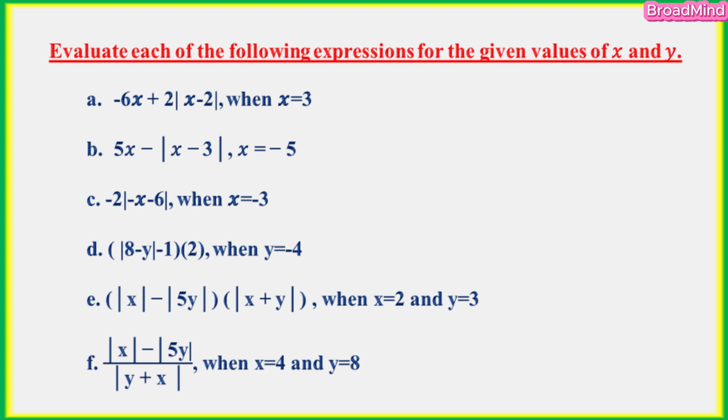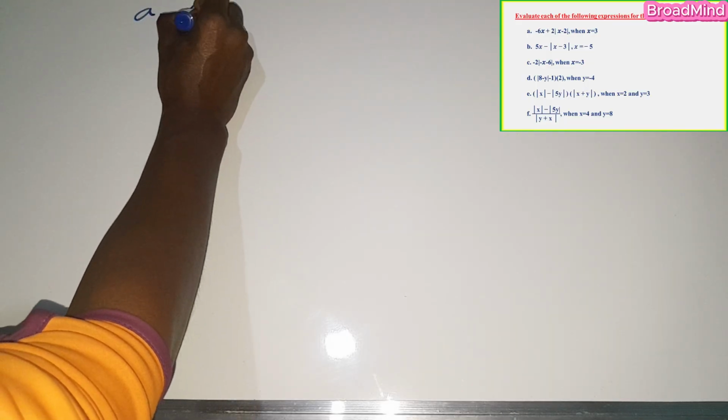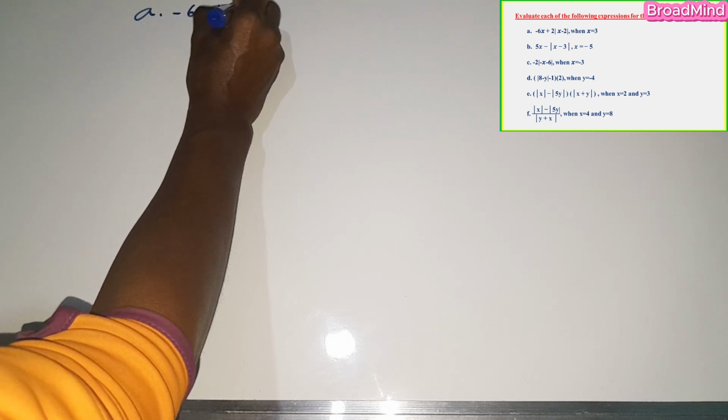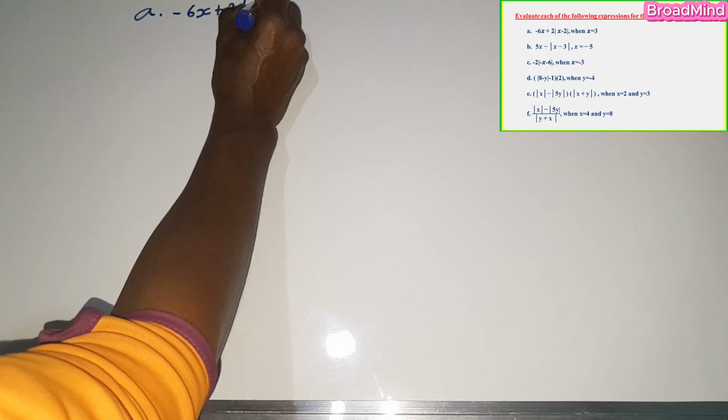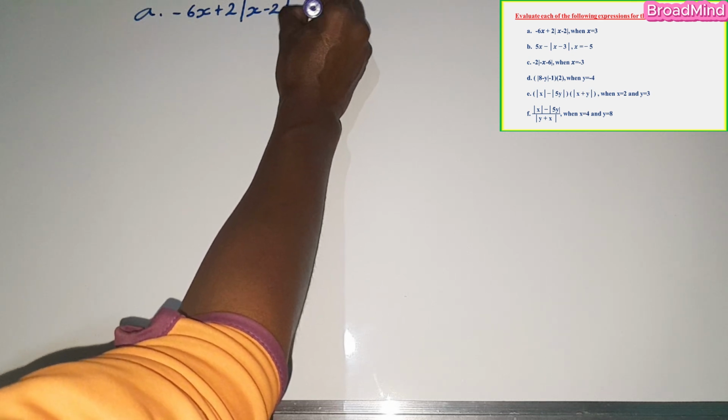Evaluate each of the following expressions for a given value of x and y. A. Negative 6x plus 2 absolute value of x minus 2, when x is 3.